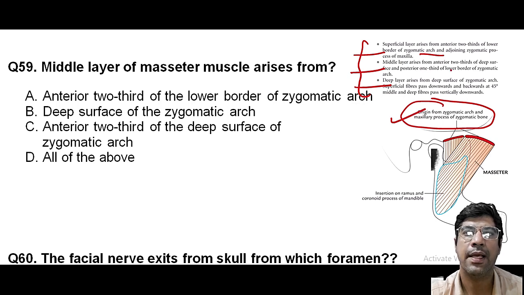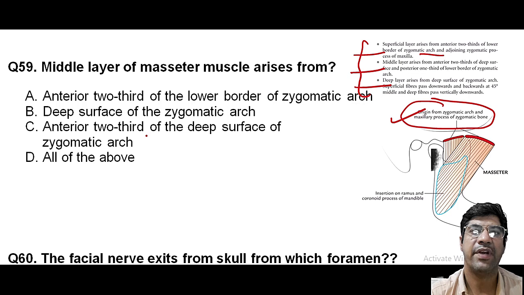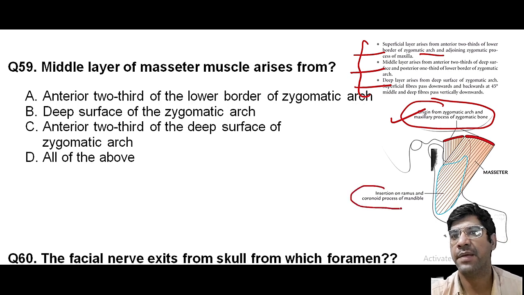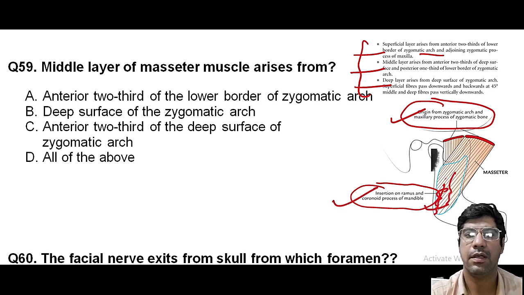Whereas the middle layer arises from the anterior two-thirds of the deep surface and posterior one-third of the lower border of the zygomatic arch. The deep layer arises from the deep surface of the zygomatic arch. The fibers are inserted on the ramus and coronoid process of the mandible.